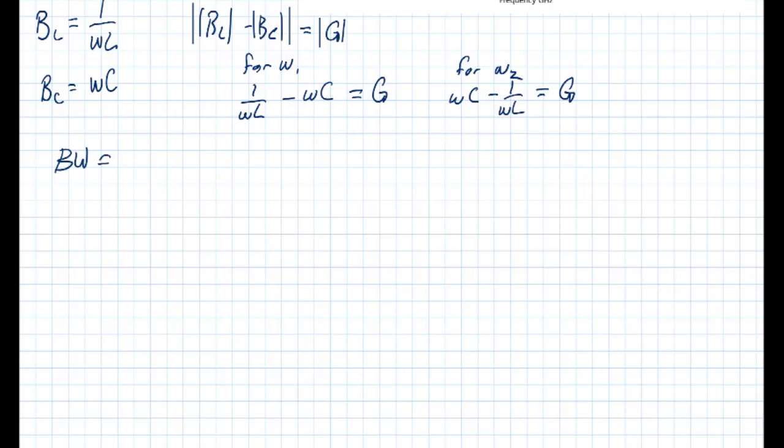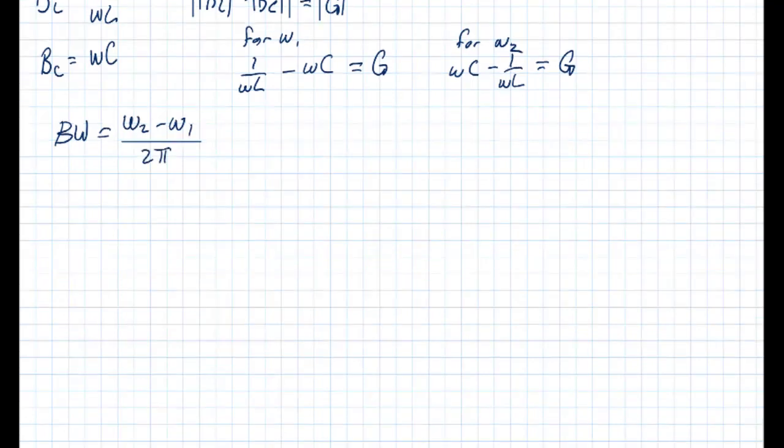And we're talking in terms of omega because we've got these susceptances. So it's omega 2 minus omega 1. And then to convert to frequency, we divide by 2 pi. Okay, so now we can solve for omega. Let's start out on the lower frequency, omega 1.